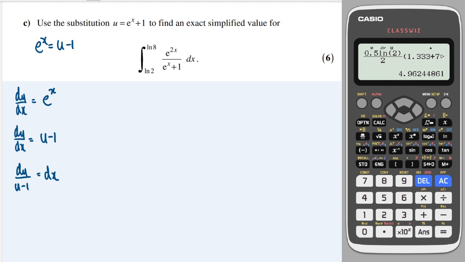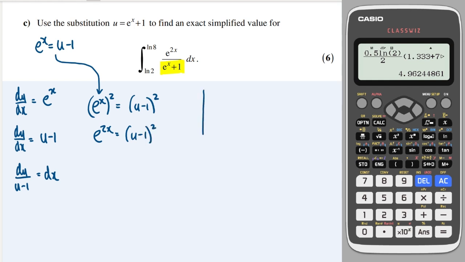And I've also, the denominator is all good, but the numerator needs a bit of work. So what I'll do is I'll take this and I will square it, which gives me e to the x squared is equal to u minus 1 squared, and of course e to the x squared is e to the 2x. So I've got that sorted out, and then also I need to sort out my limits.